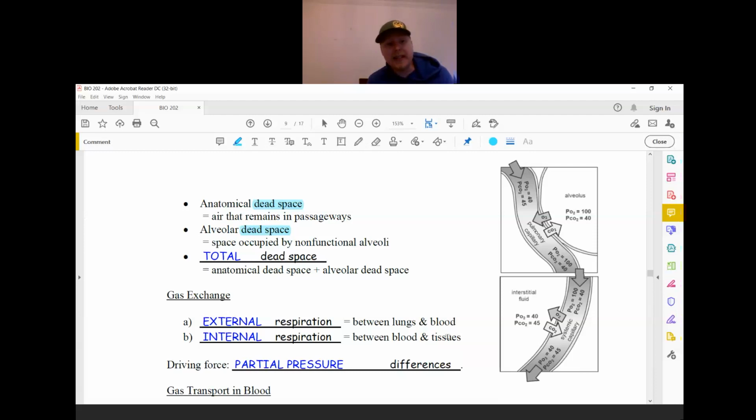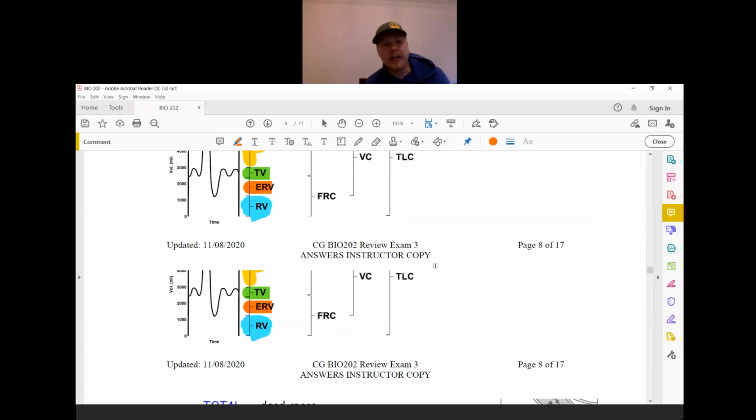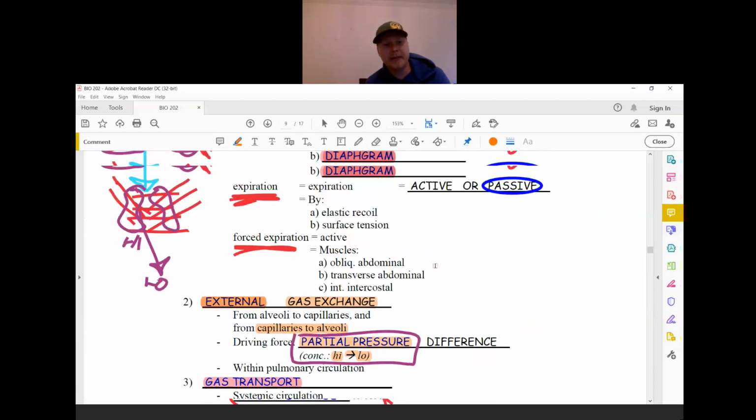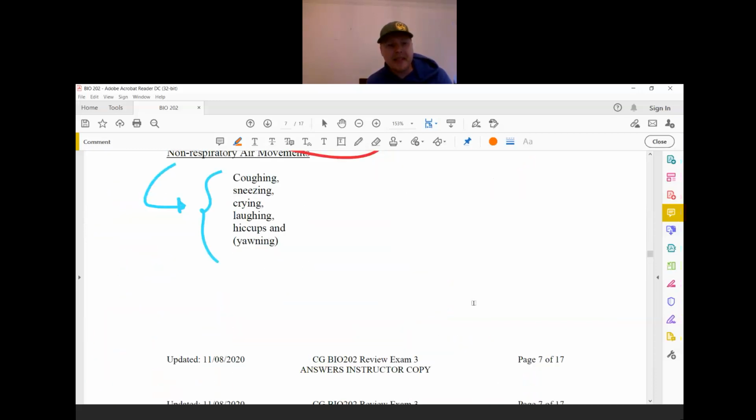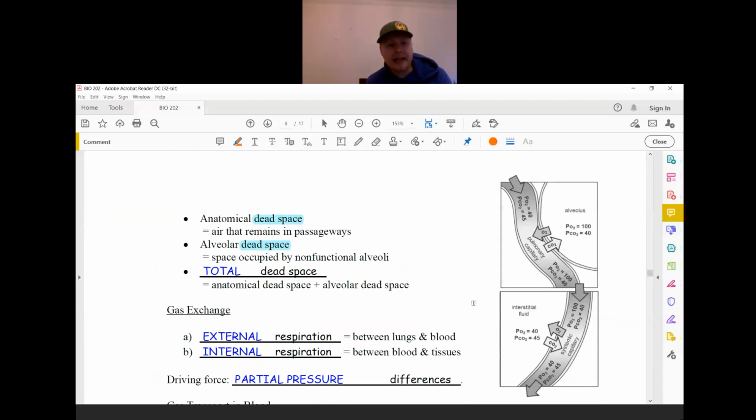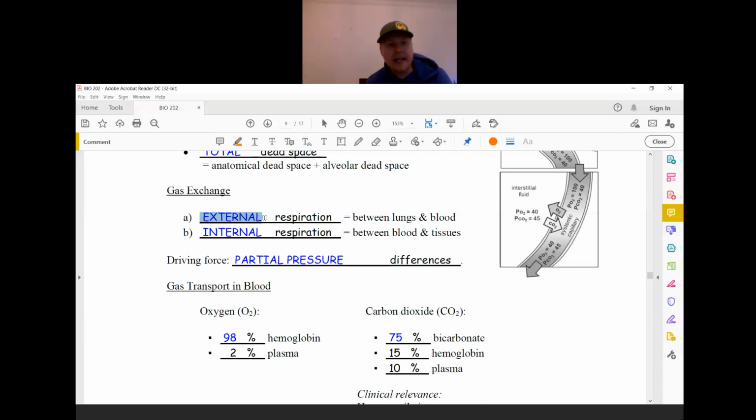In terms of the gas exchange, we had a look at that earlier on when we discussed the phases of respiration. Let's go here. You remember this diagram here? Well, we can highlight external and internal respiration.